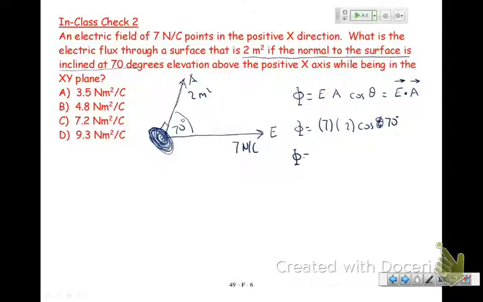So what does that work out to be? 14 cosine 70. So what is that? 4.8. 4.8 newtons per coulomb meter squared. I learn it as E times A, so newtons per coulomb times meter squared. So that's kind of nice. Not bad.